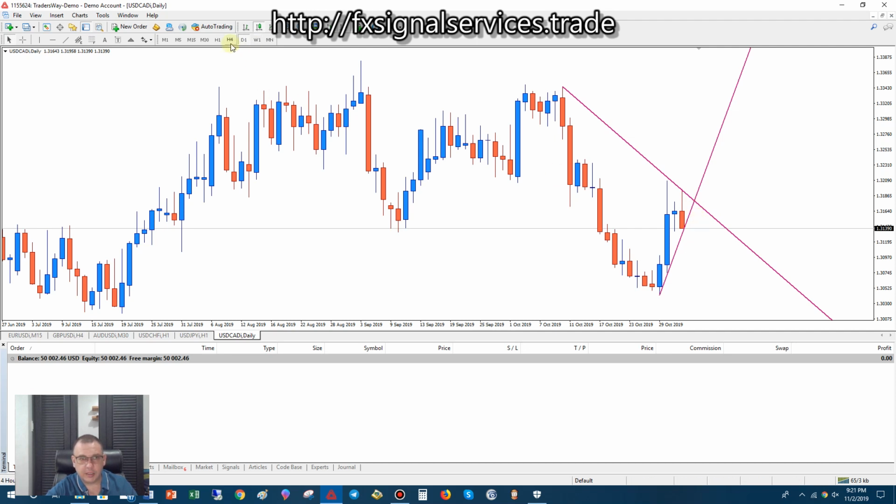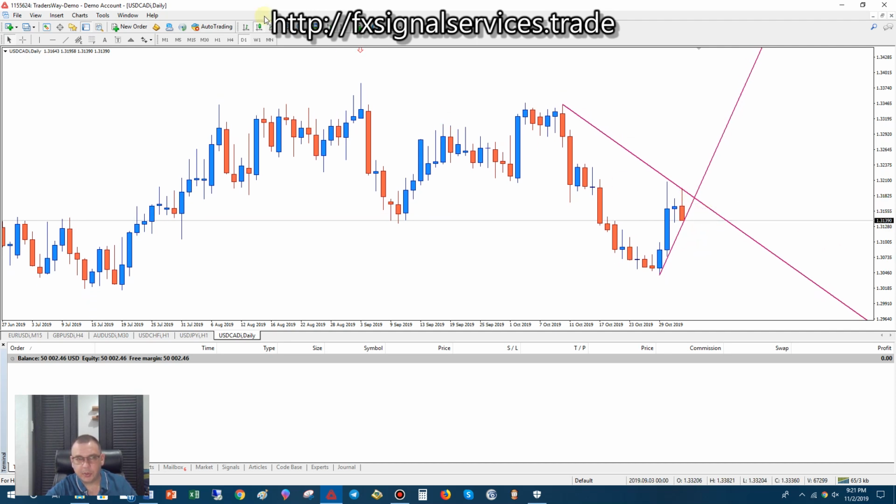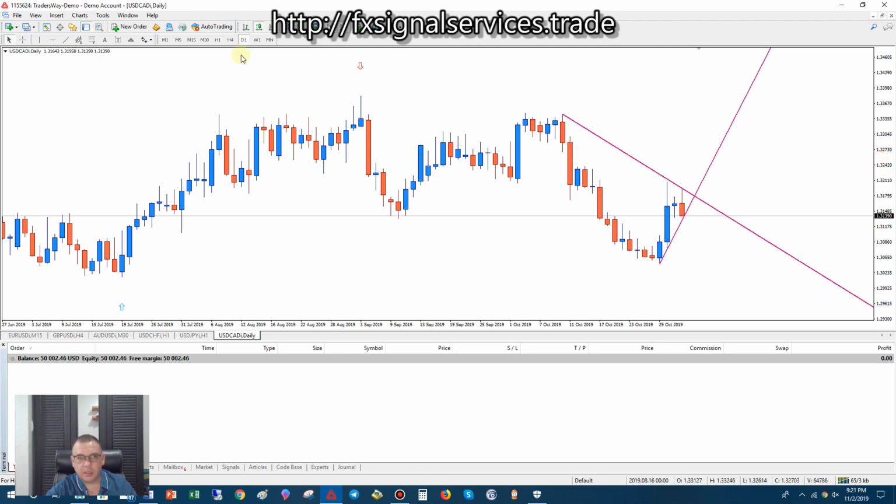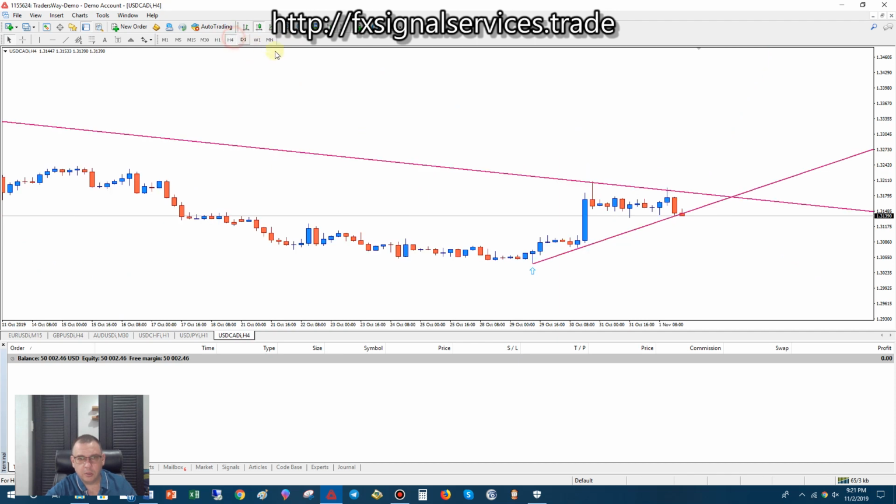So like I said, this is a daily chart, so expect the first couple of days of the week for the price to go up, and then around Wednesday we should see a breakout and the price should drop and come back down.